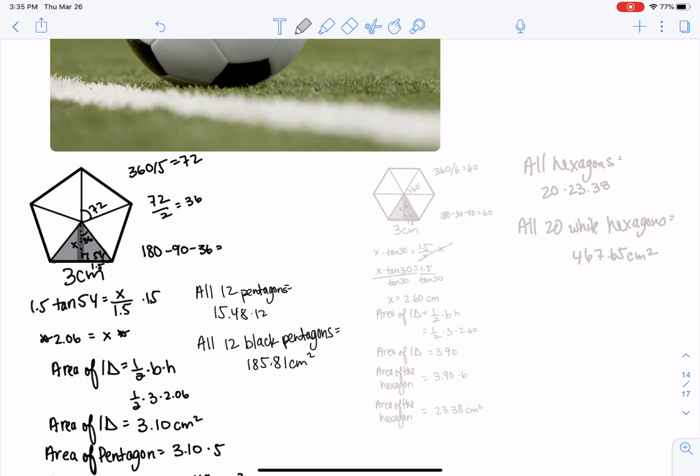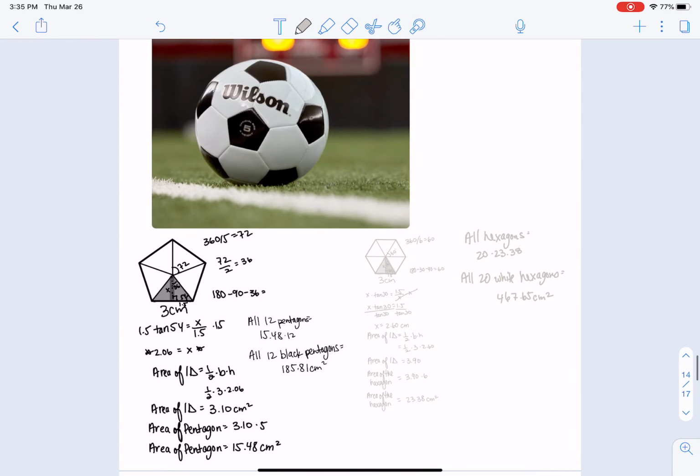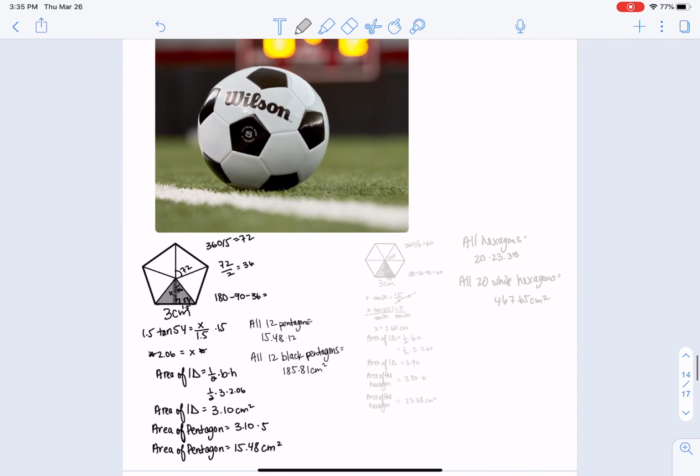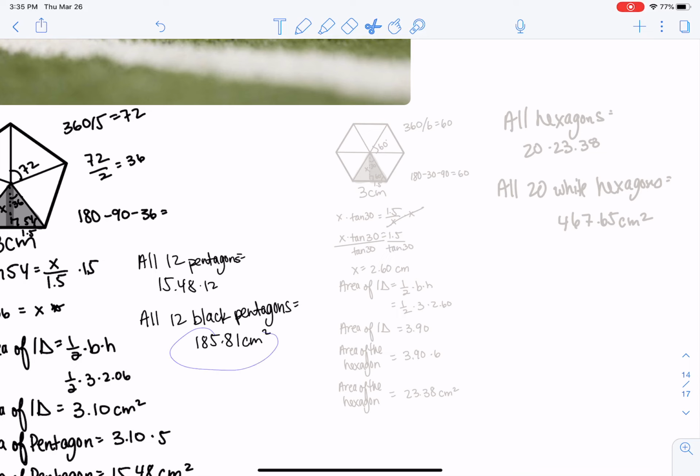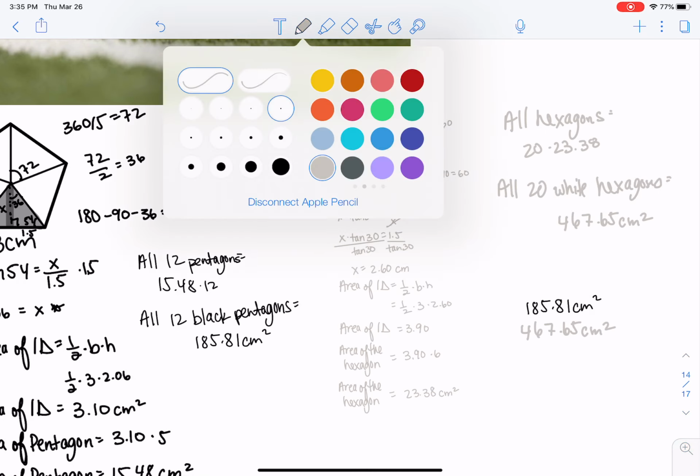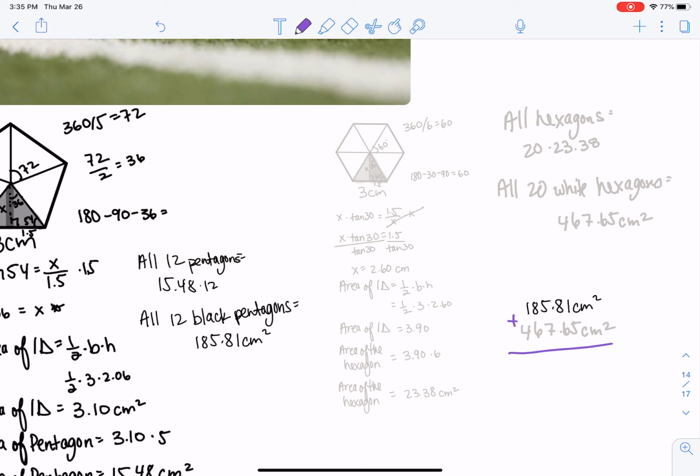We're almost done. So last but not least, if we want to find the area, basically the surface area of that entire soccer ball, we are going to take our black pentagons, add them to our white hexagons, and let's pick a good color, fun purple. There we go.